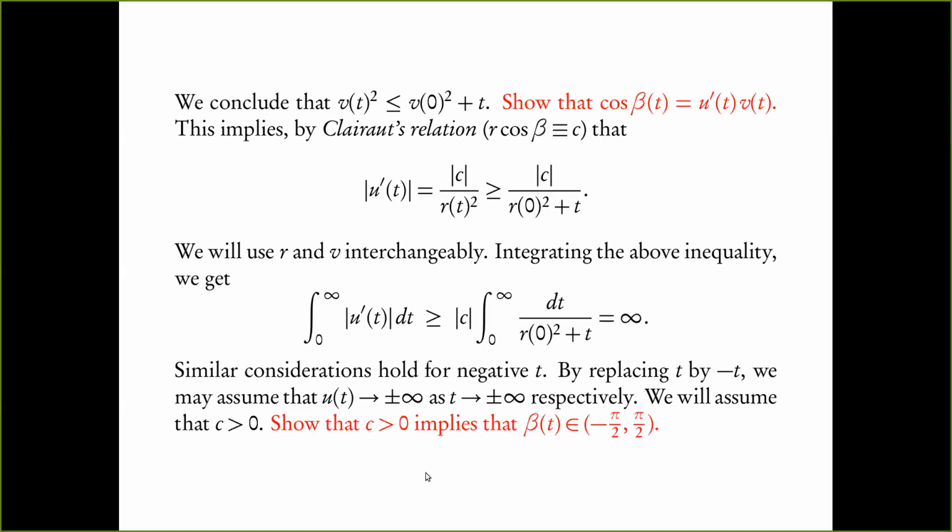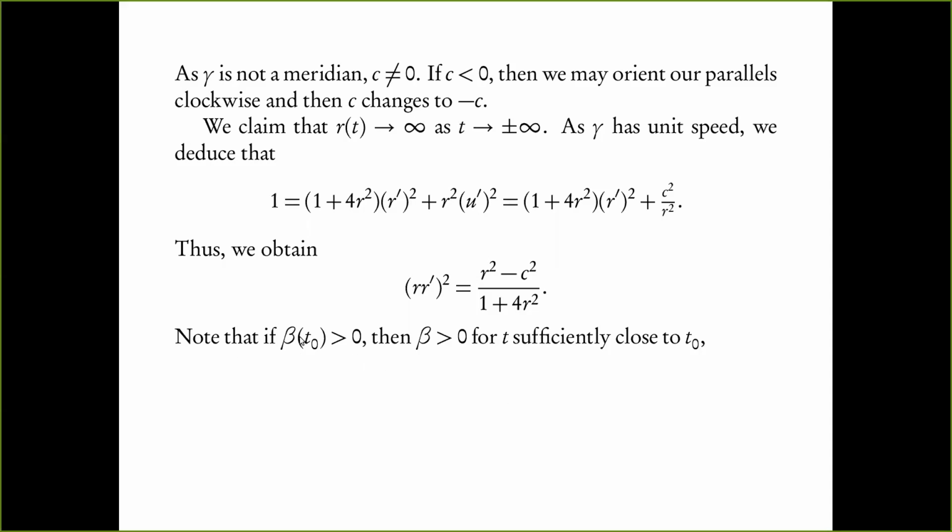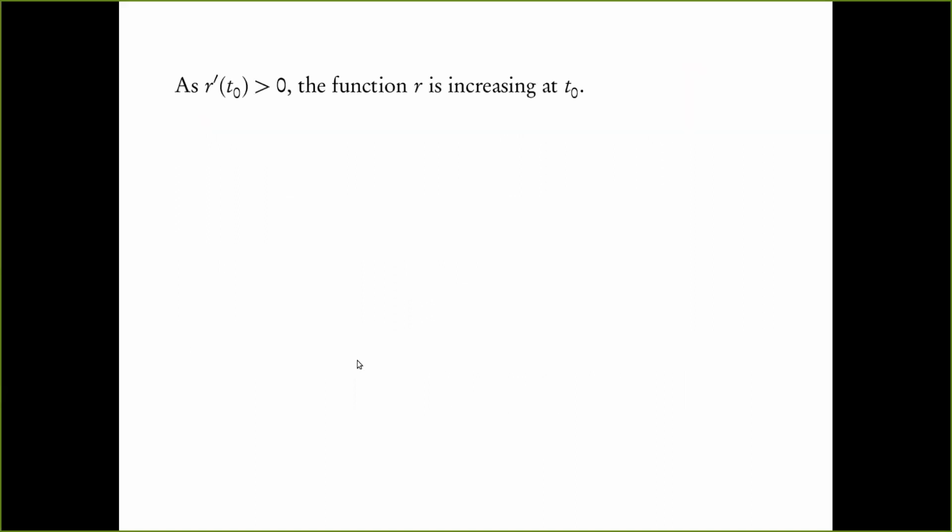Remember, we said that c bigger than 0 means beta lies in this region. But now we're choosing a t0 so that beta of t0 is actually positive, correct? Like here. And for t sufficiently close to t0, that simply means that beta on that interval is between 0 and pi over 2. So on the interval 0 to pi over 2, cosine should decrease because r is increasing at t0.